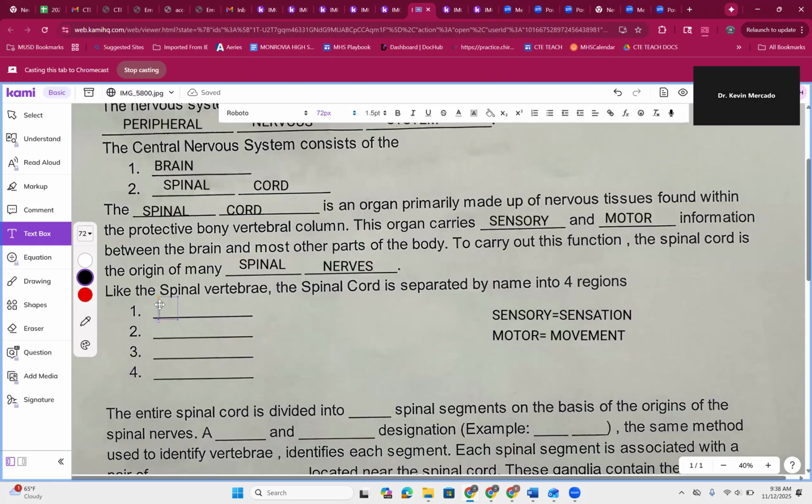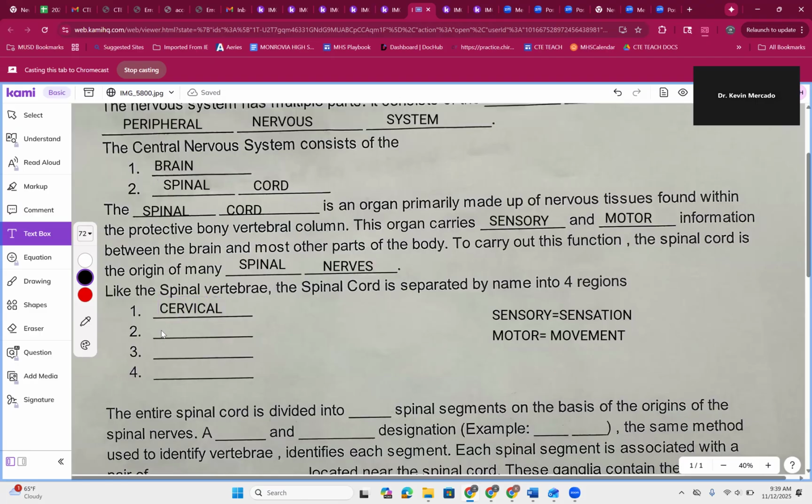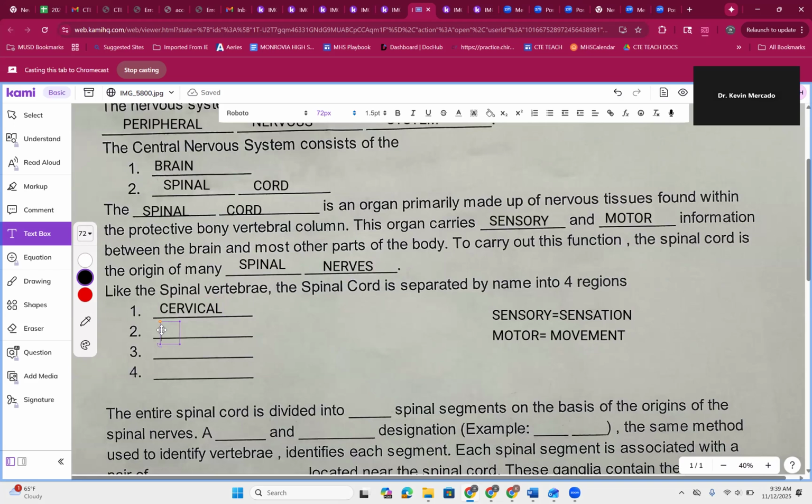Like the spinal vertebra, the spinal cord is separated by name into 4 regions. So like the bones, right? You have the cervical region of the bones of the spine.